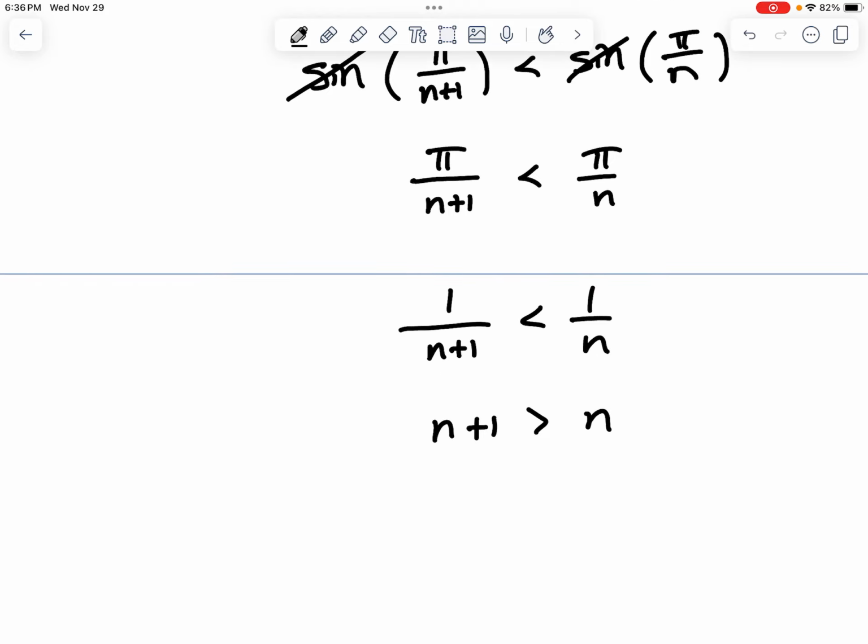And then, is n+1 bigger than n? Yes, it is. Or you could subtract n from both sides, and it says, is 1 bigger than 0? And oh, happy day, it is. So that means that it passed the second part of the alternating series test, and that means that it converges.